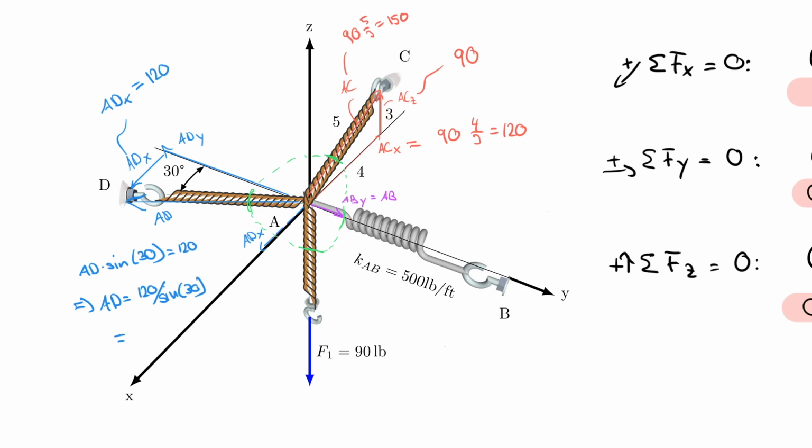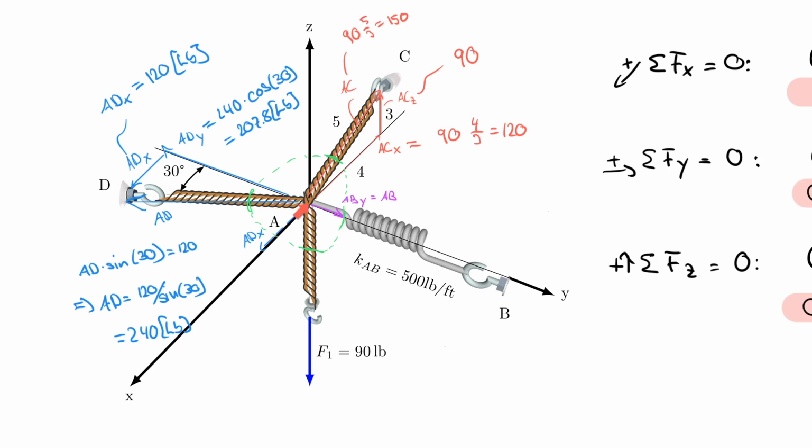And that comes out to be 240 pounds. Maybe I should add that here, pounds. And now, of course, I can calculate ADY to be 240 multiplied by cosine of 30. And if I run the numbers for that, I find that that is 207.8 pounds.